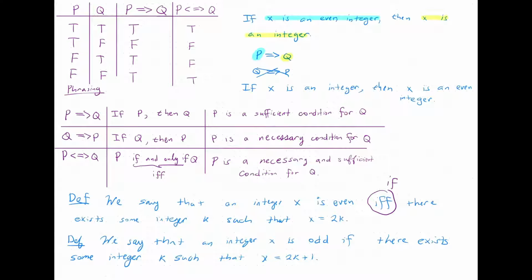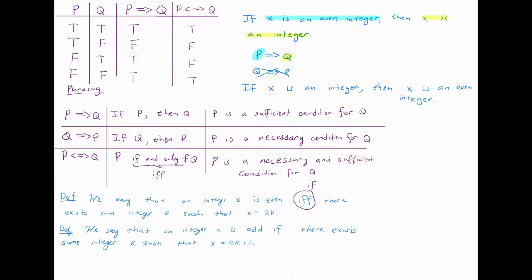And so this is the phrasing that we introduced in our last lesson. So before we move on, I'm going to go ahead and introduce some terminology. So we were looking at P implies Q, and we were looking at the reverse implication, that is Q implies P. We're going to call that the converse.